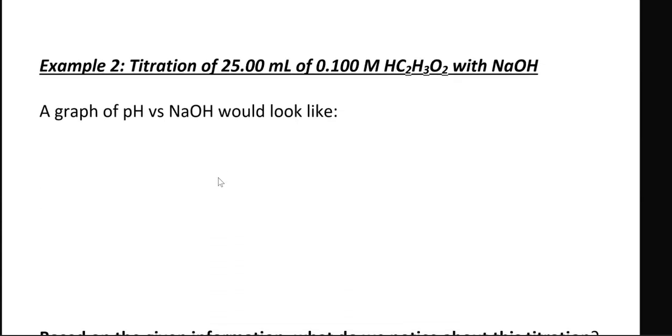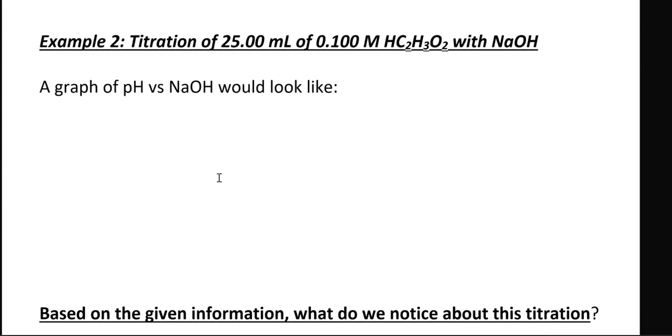And it starts out by stating that you have a titration with 25 milliliters of 0.100 molar acetic acid, and it's reacting with a strong base, sodium hydroxide. So step 1, let's picture what this might look like throughout the entire titration. Begin with a y-axis, which will be pH.